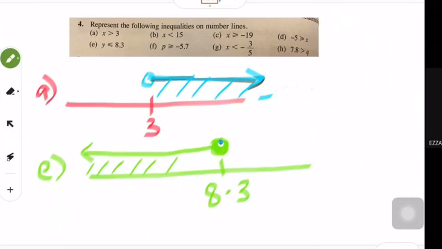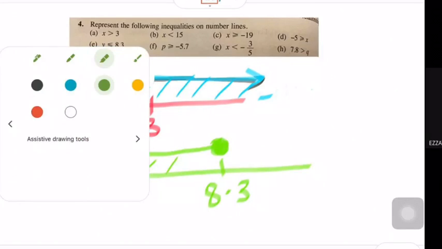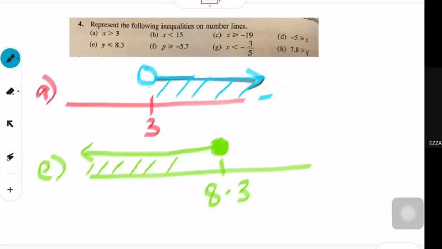Yes. Okay. Beza dengan yang first ni, yang A tu dia tak ada, bulat dia kosong je. So makna 3 is not included. But for E you have the equal sign.